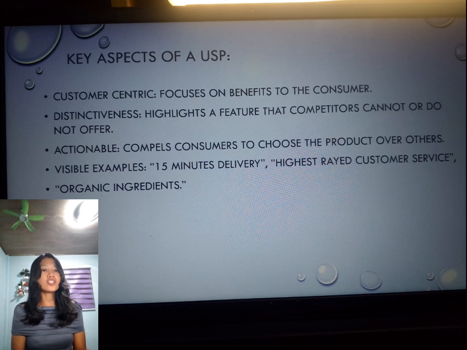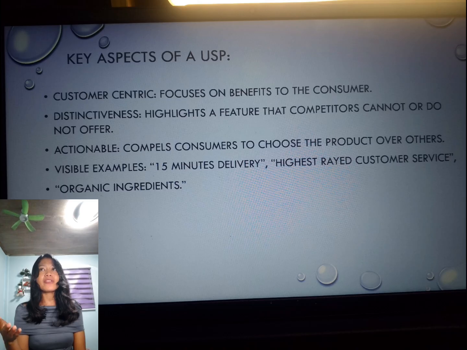And next is the actionable. It compels consumers to choose the product over others. When you say actionable, at one glance, it makes your consumers choose your product over others, because it simply conveys, for instance, when you're in the supermarket, right, you are picking or choosing some goods.